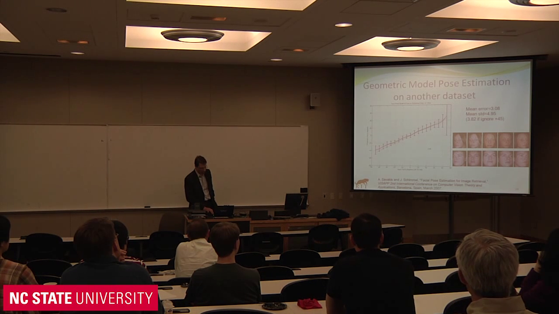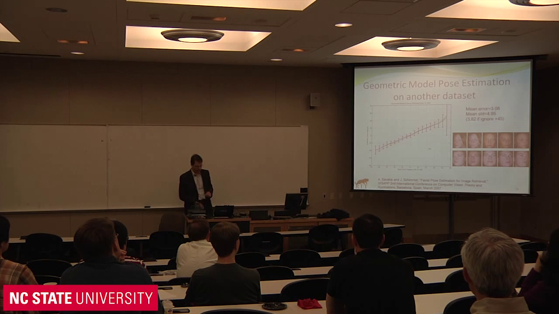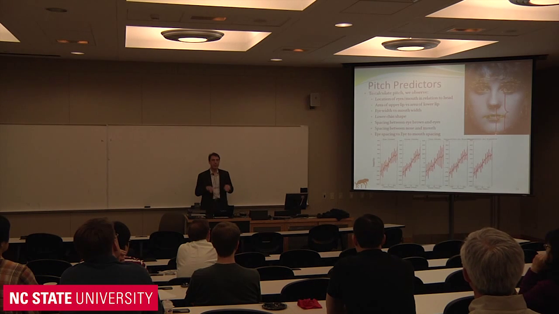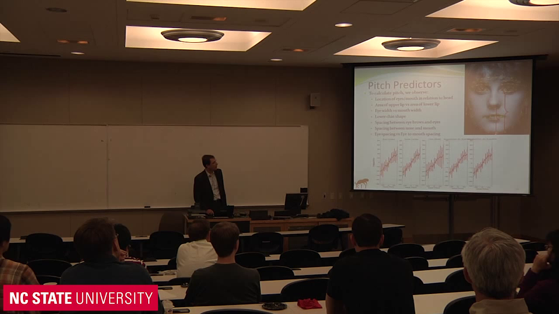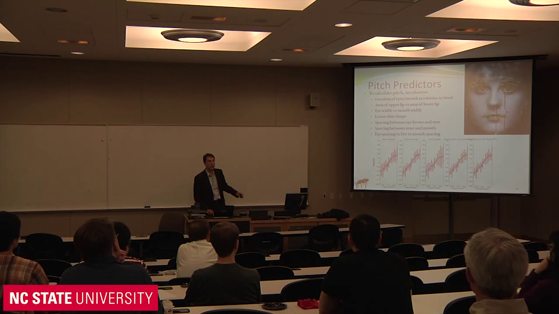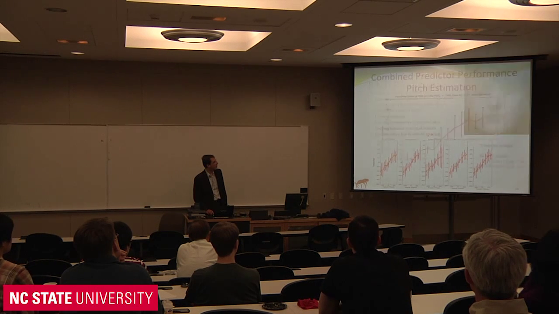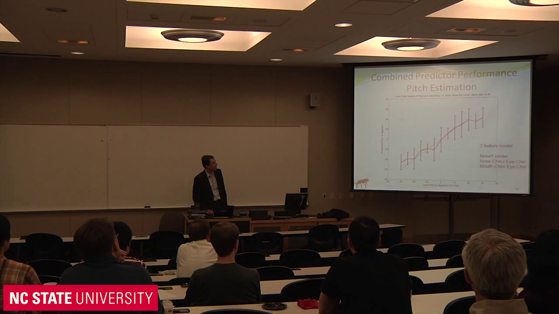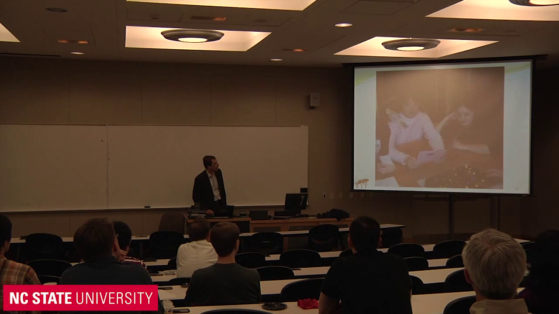So we were happy with that. Okay, we can get the pose then. You can get the same thing for pitch, right? Similar approach, just different descriptors. These are all geometric, very easy to compute, very fast, very suitable for a real-time environment. So now we can get the pose.